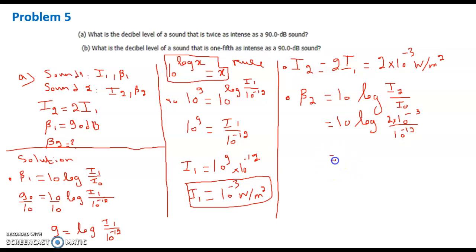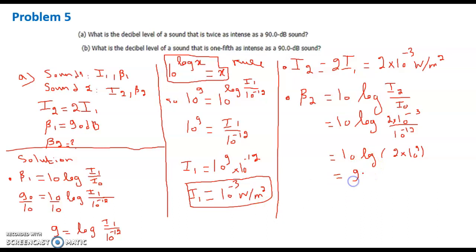So now you have 10 log of 2 times 10 power 9. You can find this on the calculator. Using your calculator, 2 times 10 power 9, log, answer times 10, so this is 93 decibel.